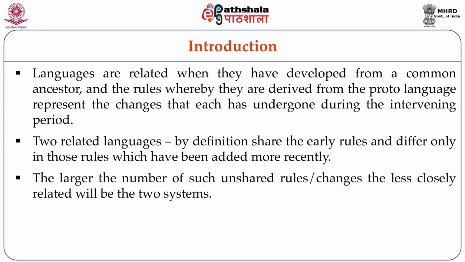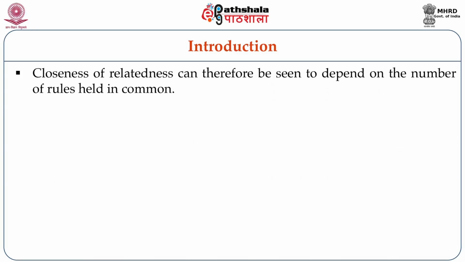The larger the number of such unshared rules or unshared changes, the less closely related will be the two languages or two language systems. Closeness of relatedness can therefore be seen to depend on the number of rules held in common.